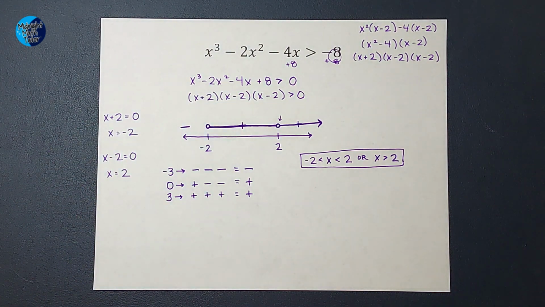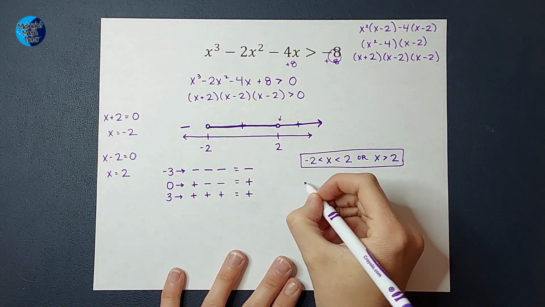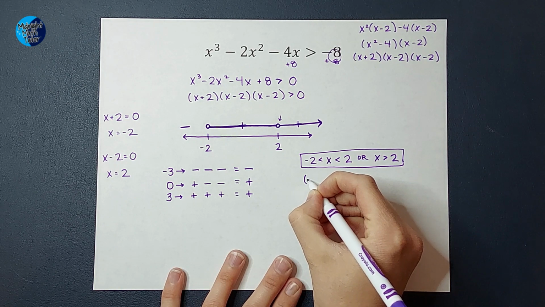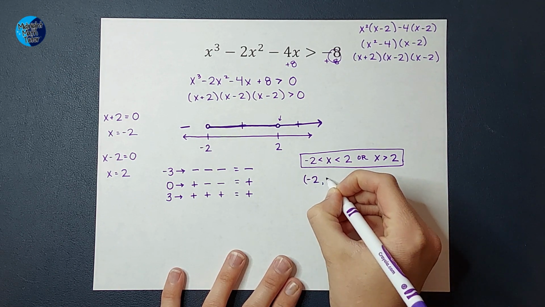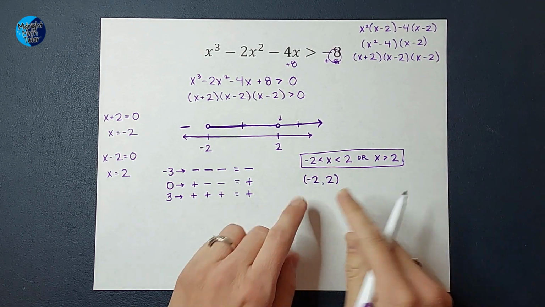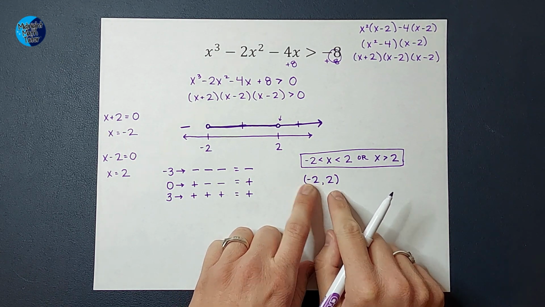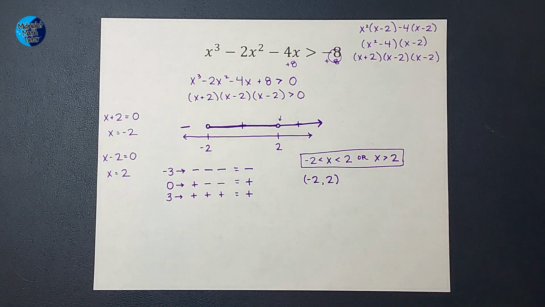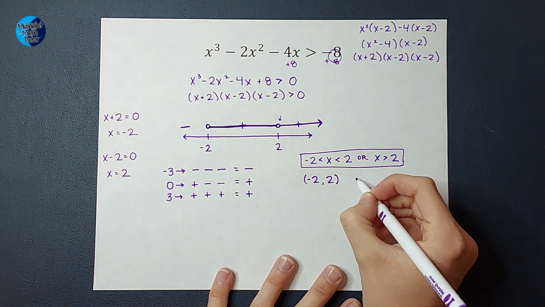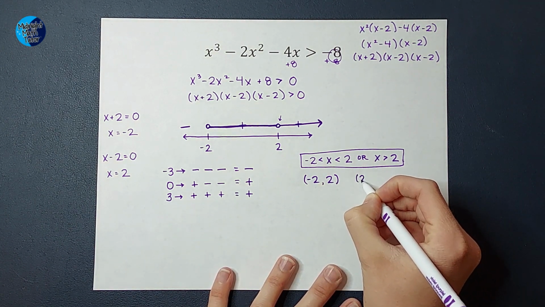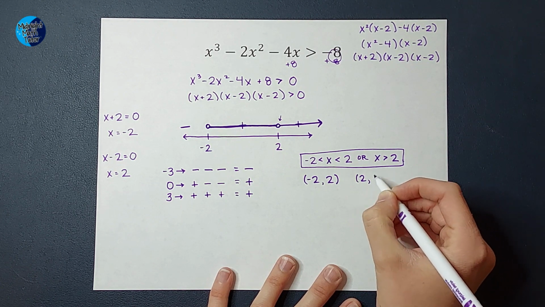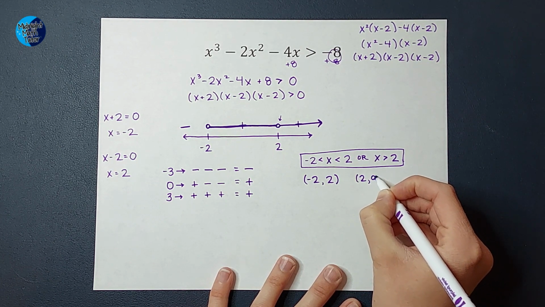Okay, all right, for interval notation, we're going to say that x can be anything between -2 and 2. And I use parentheses because that shows it can't actually be -2 and 2. Those are just like my boundaries, okay? And then it can also be any number from 2, or bigger than 2, to infinity, okay?